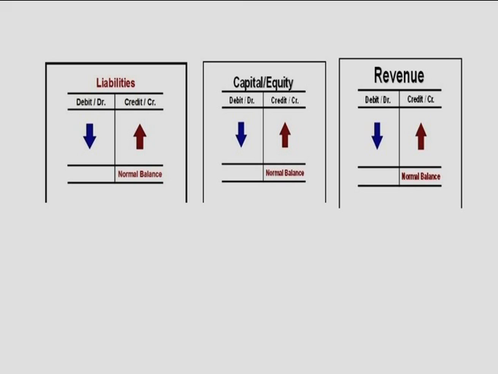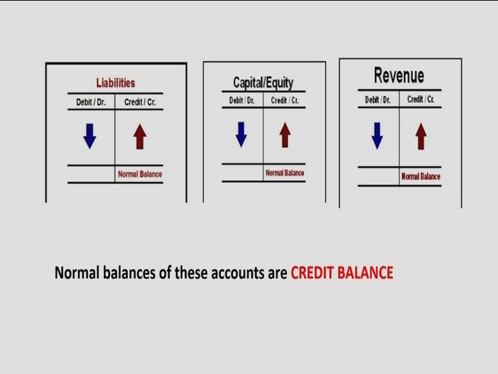So if you look at the red letters as normal balances, it is on the credit side, meaning these types of accounts like liabilities, equities, capital or revenue normally will have credit balance.